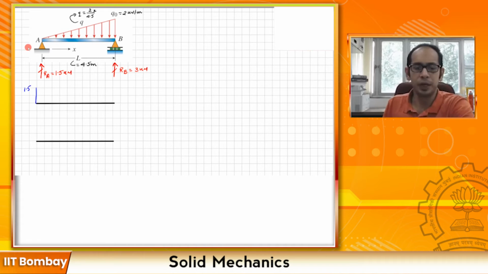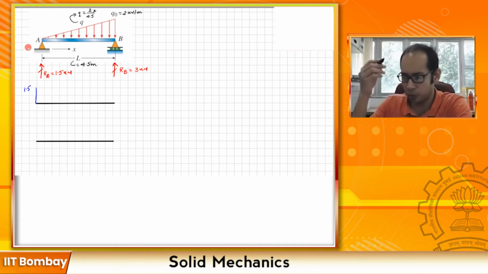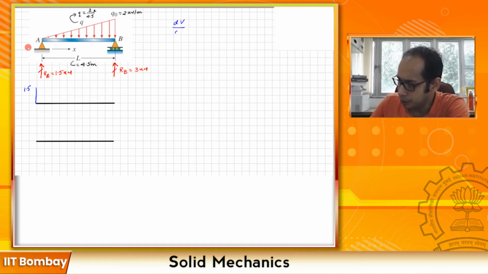Now this is the vertical 1.5, and how is the variation going to be? Let's look at the relationships. We know that dV/dx is minus w as a function of x, which in this particular case is minus 2x divided by 4.5, which is degree 1.